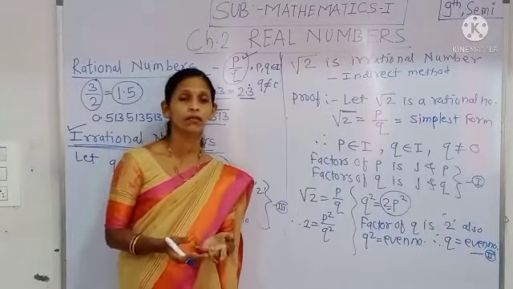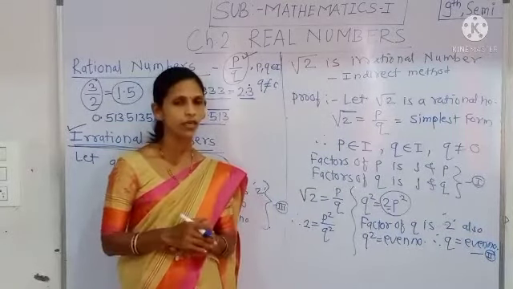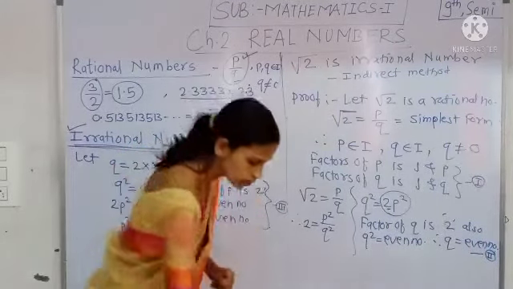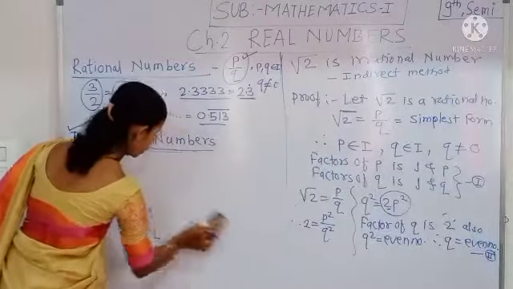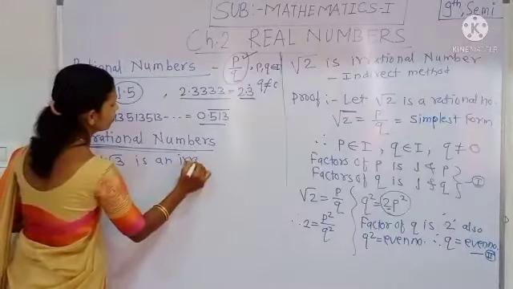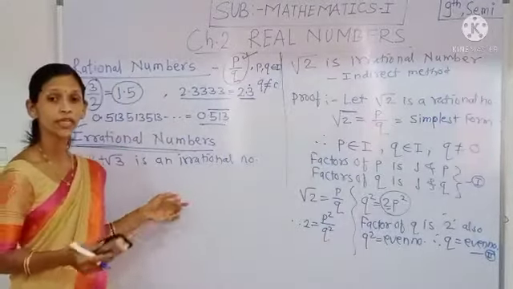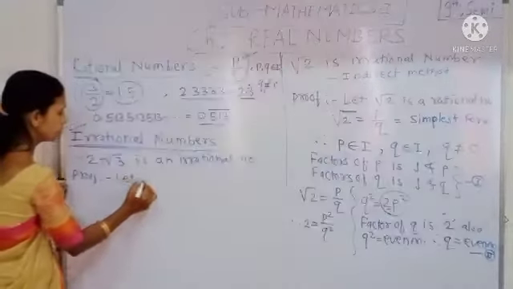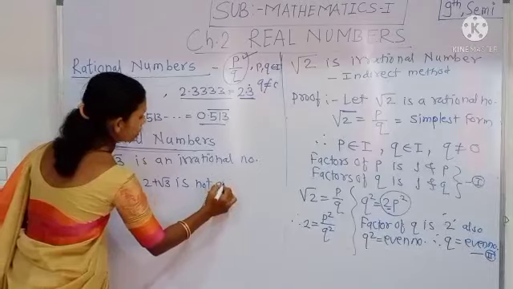Similarly, we can give the proof that root 3 is an irrational number, or root 5 is also an irrational number. One more irrational number is there. We can give the proof that the number 2 plus root 3 is also an irrational number. The proof of this statement is also given by the indirect method. Therefore, let us consider 2 plus root 3 is not an irrational number.